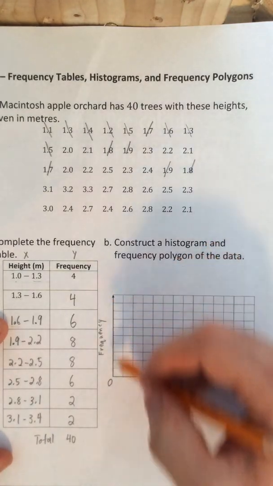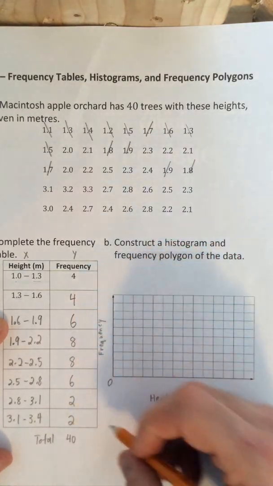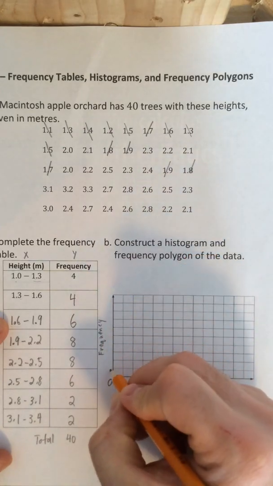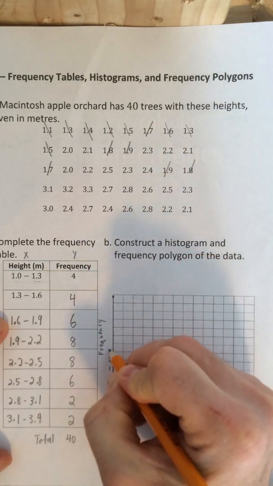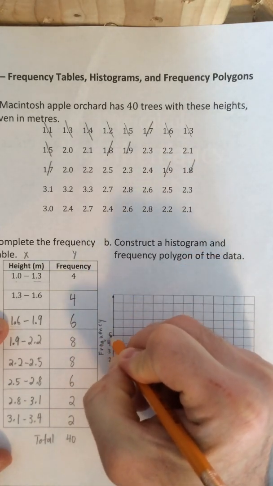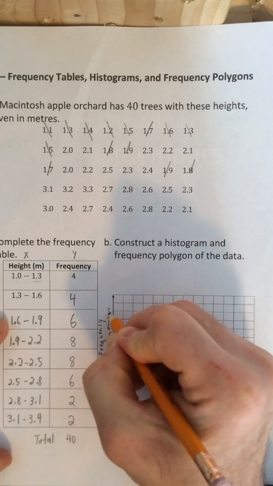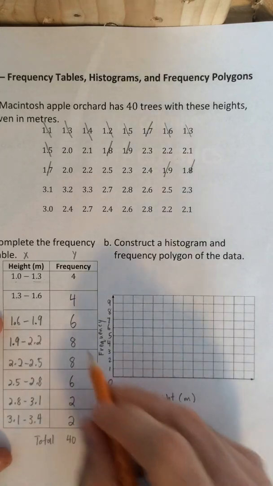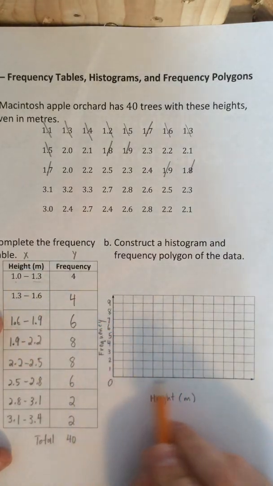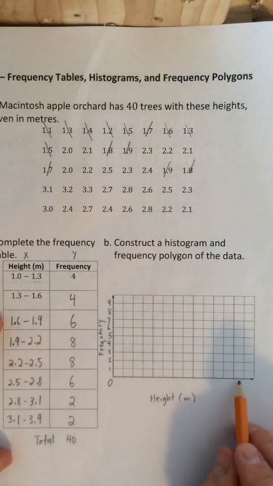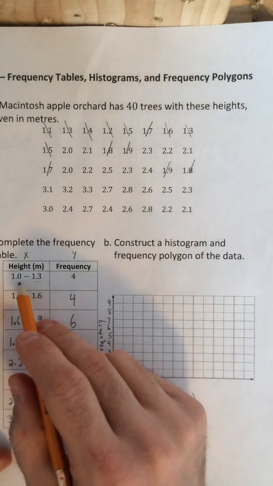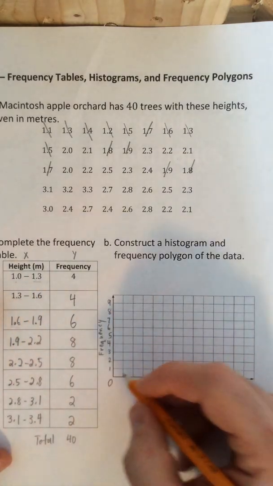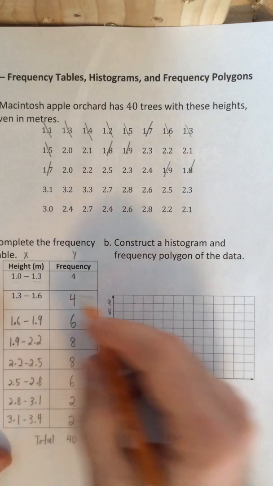The frequency will be a little easier because it goes up to 8, so we can probably count by ones. So 1, 2, 3, 4, 5, 6, 7, 8, and I can even go a little bit above that. And then for the x-axis, or the horizontal axis, I'm not going up by ones each time. So I'm going up by 0.3 each time.